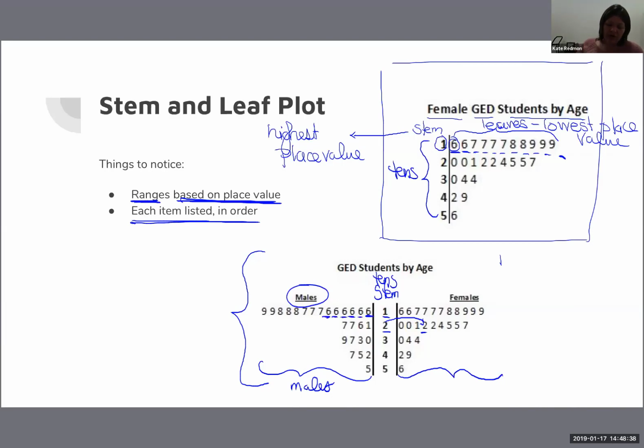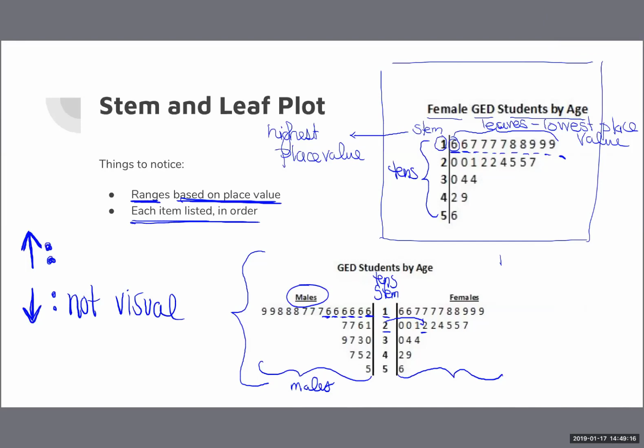It might be a weird looking graph, but it's not a hard graph. Anybody see any strengths or weaknesses about the stem and leaf plot? Not visual. Yeah, that's definitely a weakness. It's not super visual. We do still have the length of them, so that's nice, but it can be really confusing with all those numbers there. How about a benefit, though? Anybody see the benefit that I didn't have in any of the other frequency tables?